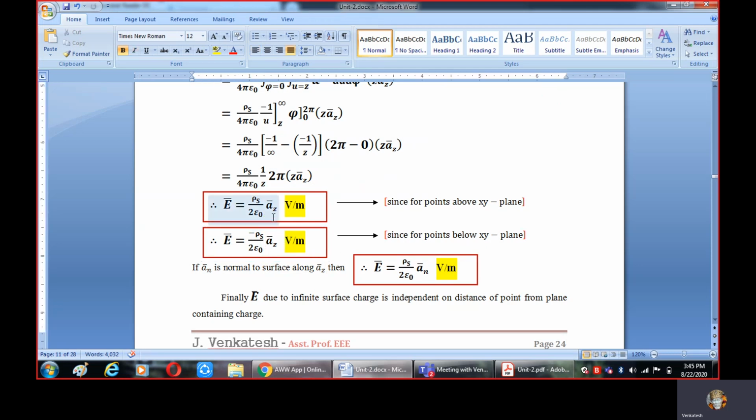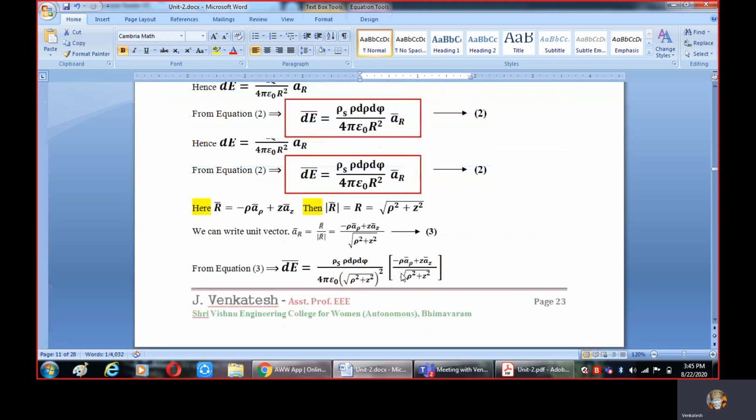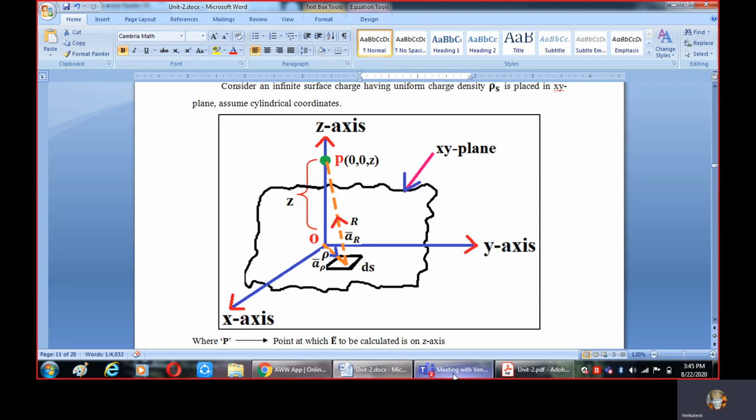Not only for a z bar, considering any unit vector, we can replace a z bar with a n bar. Finally, E bar is equal to rho s by 2 epsilon naught a n bar. This is the final electric field intensity due to an infinite surface charge. Okay, thank you.